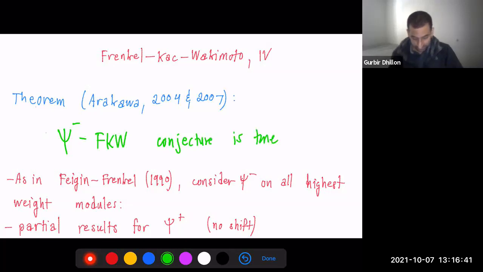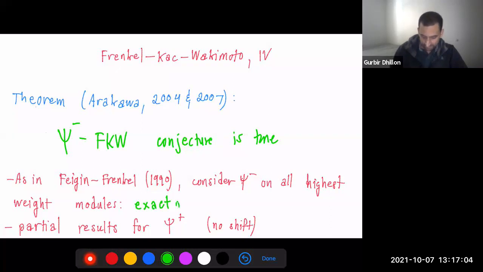In his work, part of what he showed was that, the same way that in the original work of Fagan and Frenkel you could say something nice not just about admissible representations but about all highest weight representations, you could say something very similar for the minus reduction in general. Among the things he showed was that this minus reduction is exact, so you can ignore derived categories.